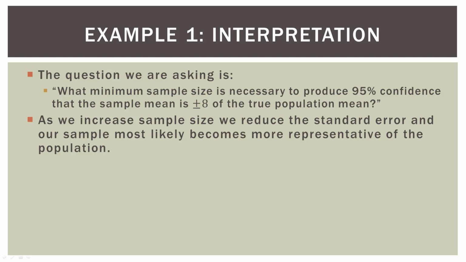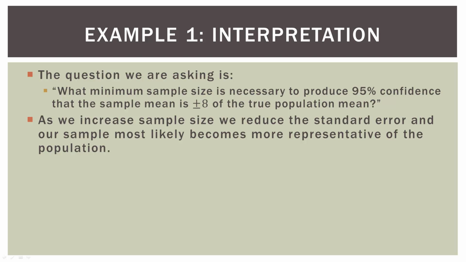Again, remember, as we increase sample size, we reduce the standard error, and our sample most likely becomes more representative of the population. So if our population has 1 million elements in it, what is better? We take a sample of 4 or a sample of 400?